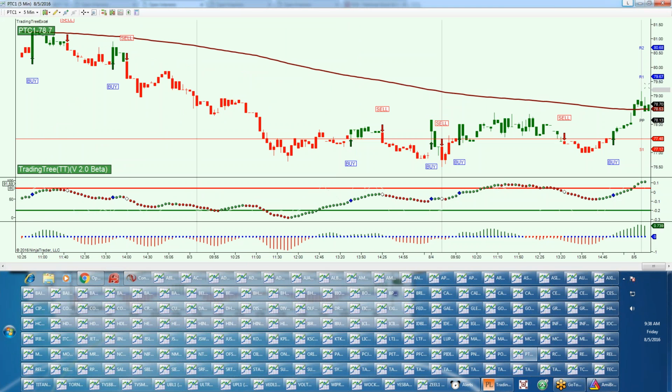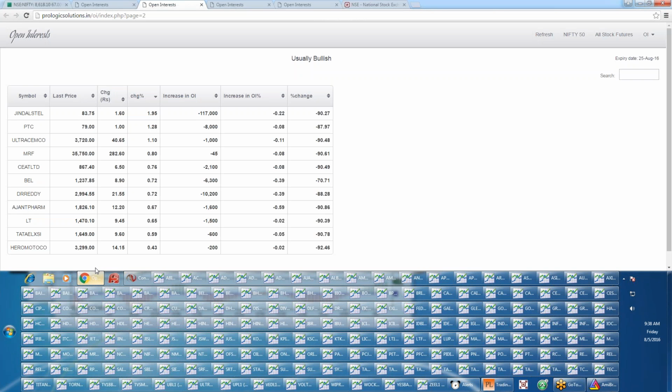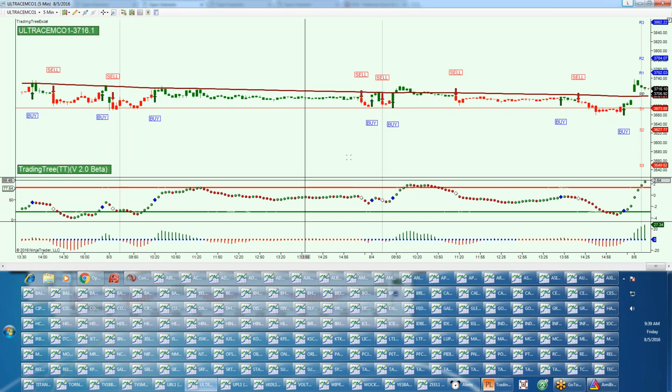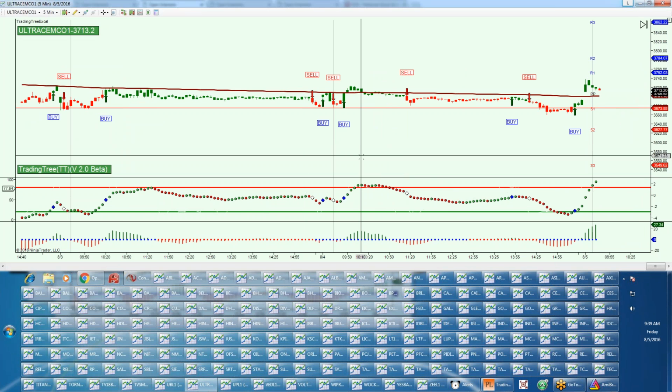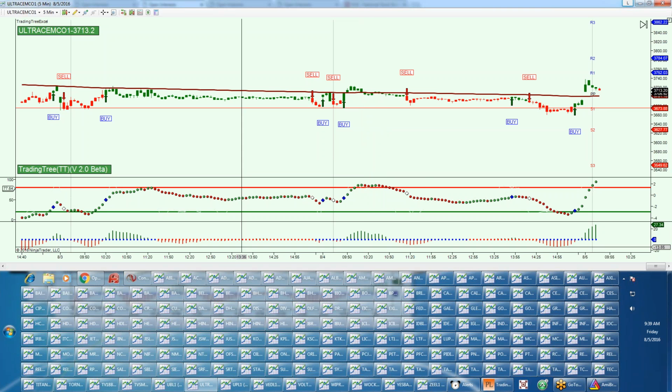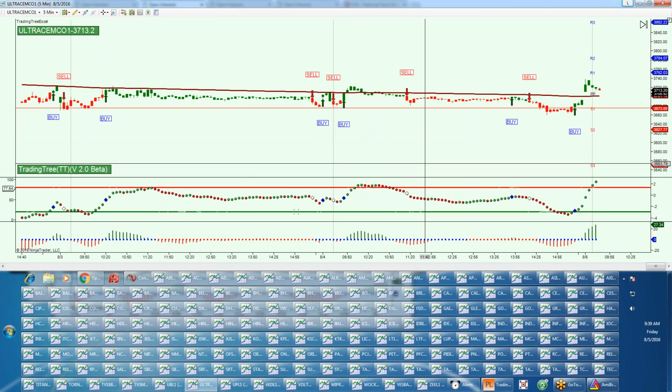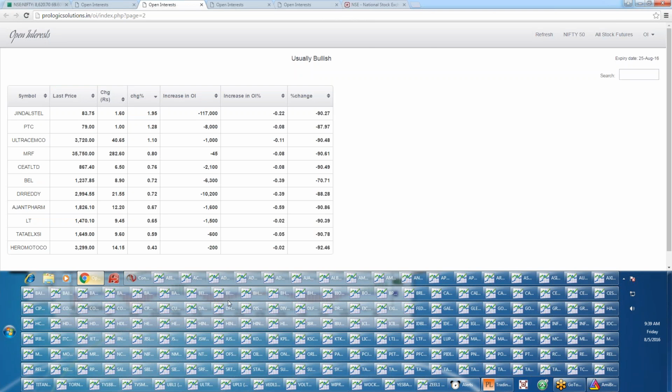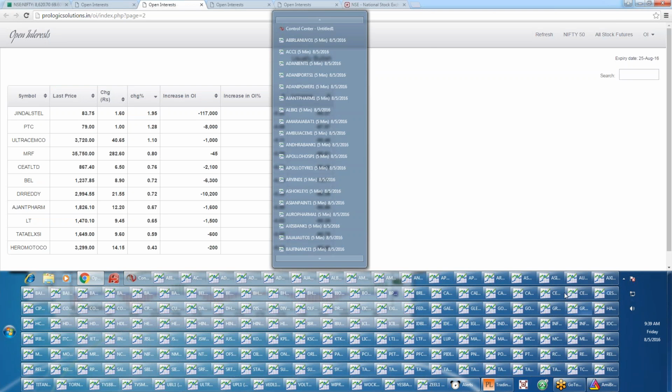So it can go up to 79.60. Ultratech. Just wait on that. Seems like weak. And MRF C8.